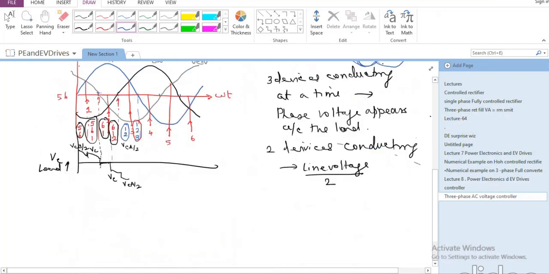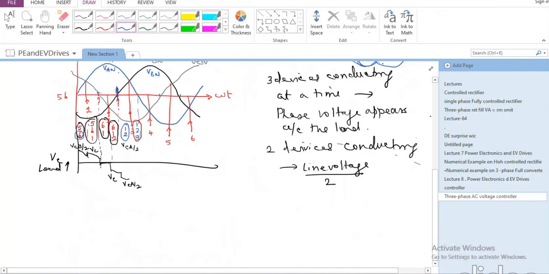So if I am looking at this as VAN and this as VBN, the negative device corresponding to VBN is device number 6. And that can continue to conduct only until this point. It cannot conduct beyond this point.